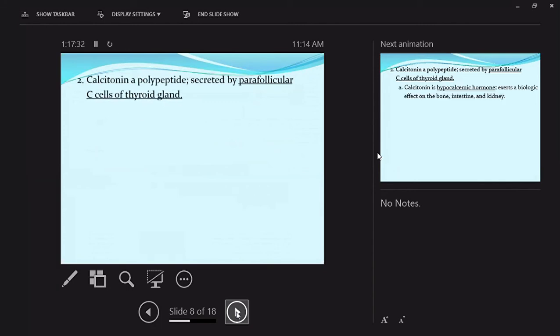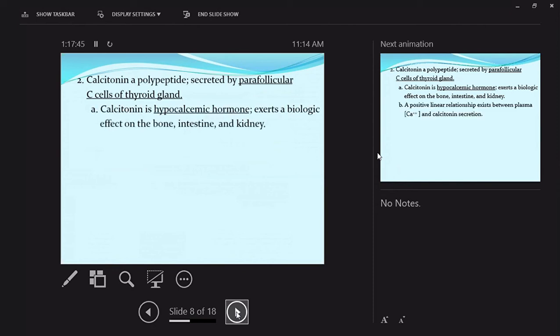Calcitonin is a polypeptide secreted by the parafollicular C cells of the thyroid. That's why the parathyroid and the thyroid gland are very near each other, because the calcitonin comes from the thyroid, but its action is on calcium.